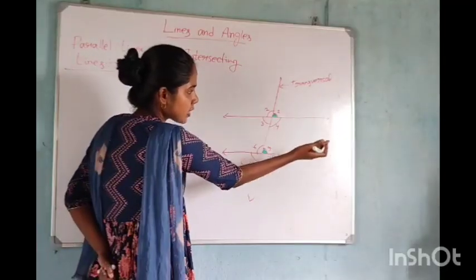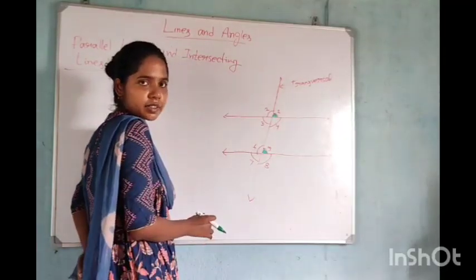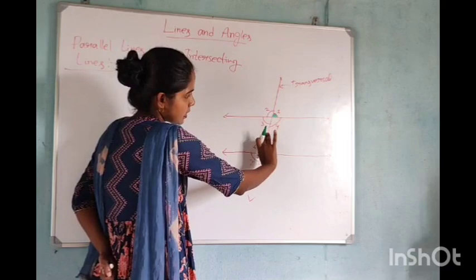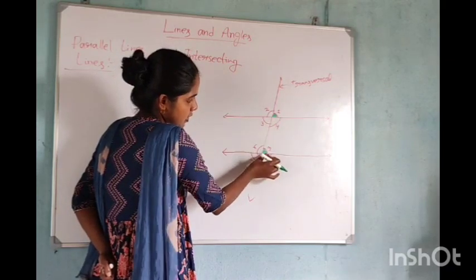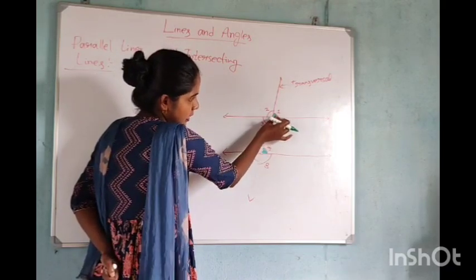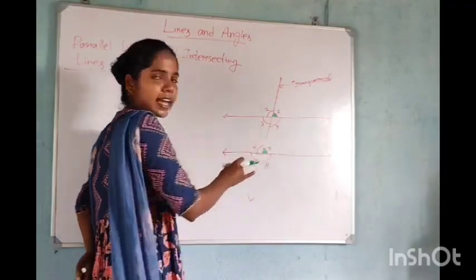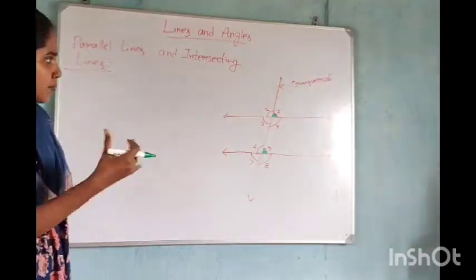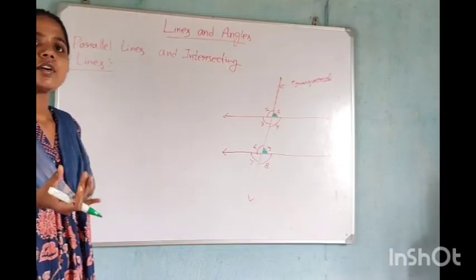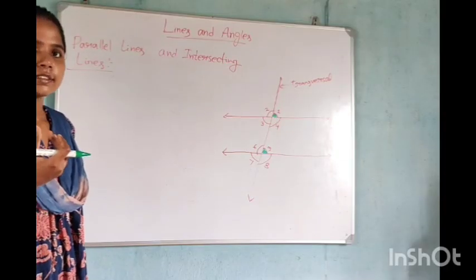Also, it is on the same side of the transversal, the right side. So they look like the same pattern of angles. That's why they are called corresponding angles.